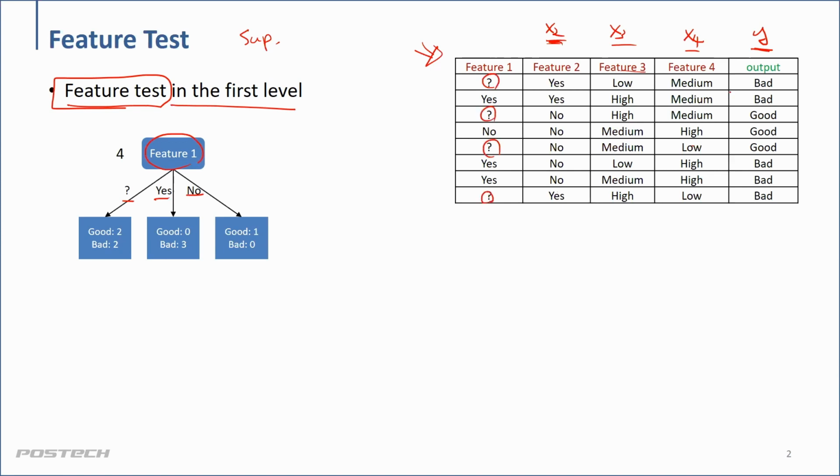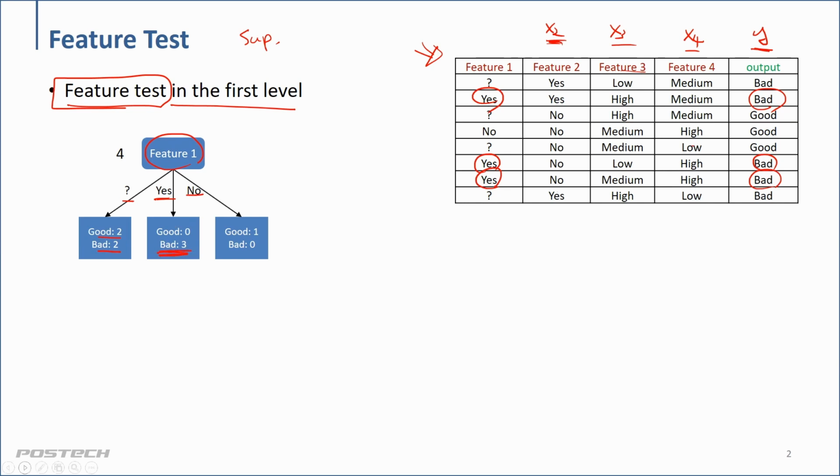The corresponding outputs are bad and good and good and bad, so we have 2 good and 2 bad, right? I'm just doing a simple counting process. And for yes, we have bad, bad, bad. Oh, this is good.